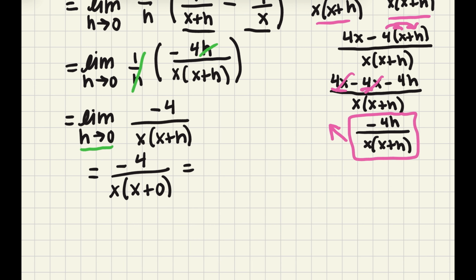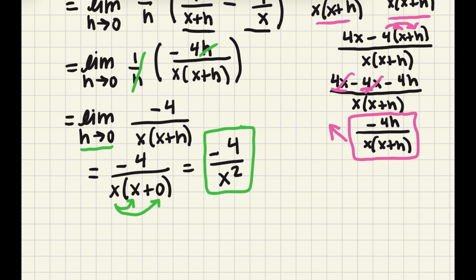That'll turn into, if you distribute this x right here, x squared. This is going to go to 0. So our final answer is going to be negative 4 over x squared. That will be our final answer for this one.